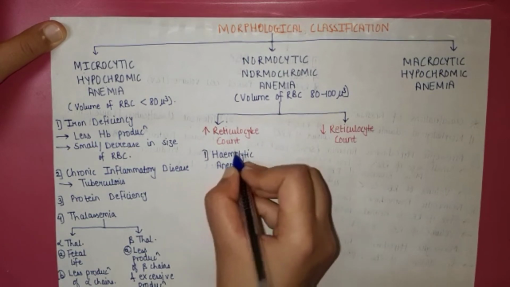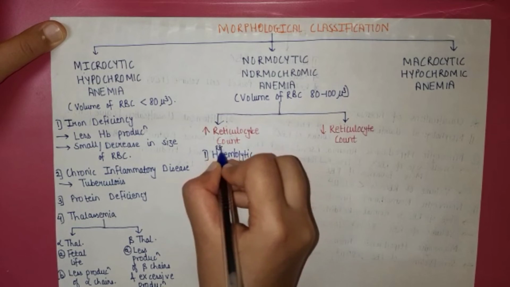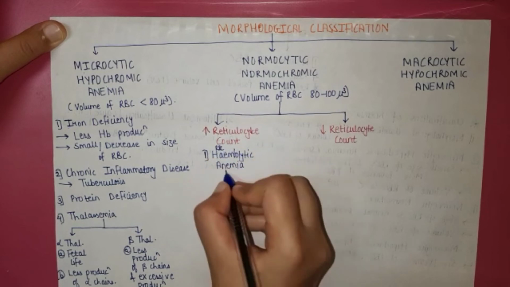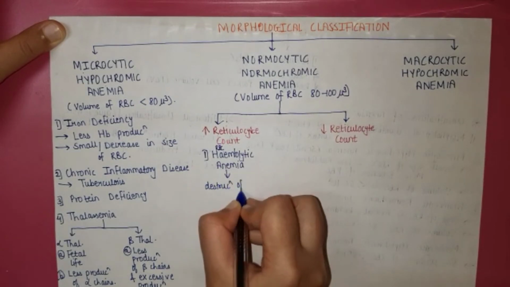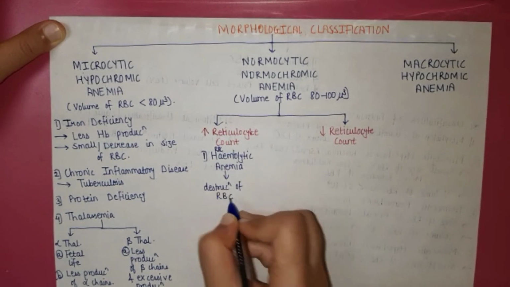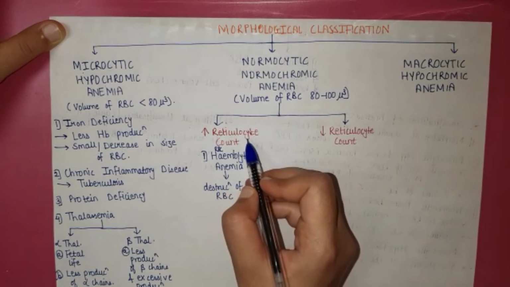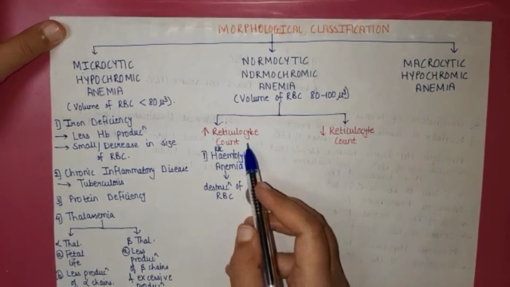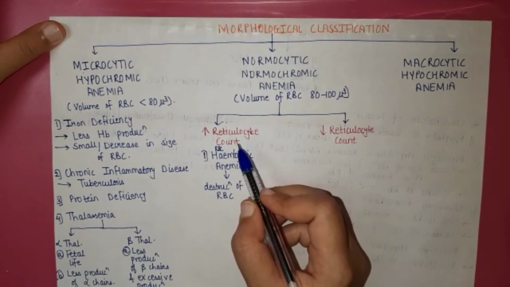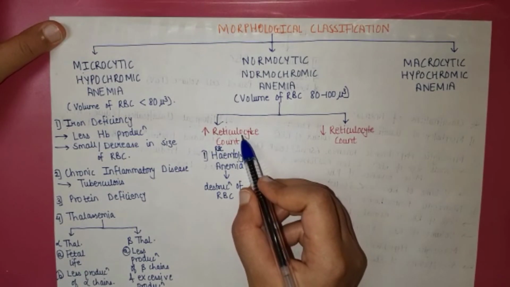Now hem means RBCs and lytic means destruction. So destruction of RBCs leads to increase in reticulocyte count. If RBCs are less in number, it will eventually lead to increase in the process of formation of reticulocyte.